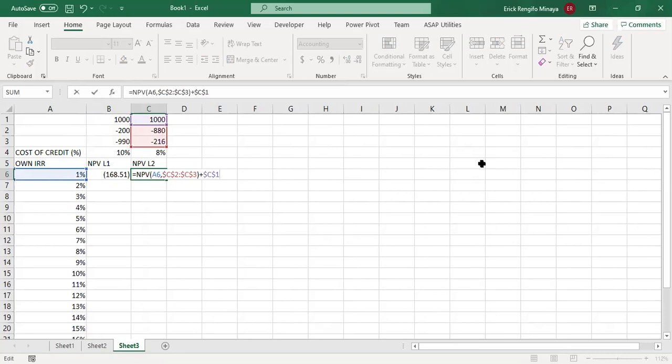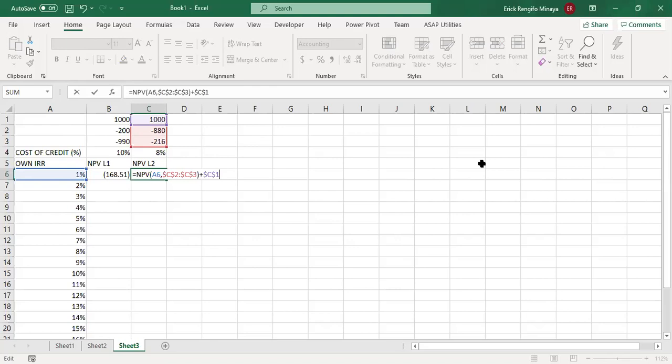But now I will compute the net present value using the values, the cash flow of line number 2 or bank number 2. C2, C3 don't change, as C1 doesn't change also. 1 minute to copy, and then once we have these two, we are done.